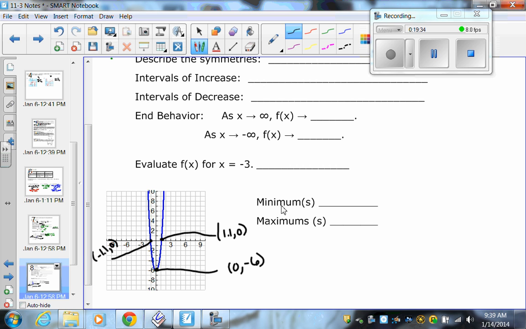So go ahead and answer our minimum question here. We could have 0, negative 6, or y equals negative 6. Maximums, there are none, so just write none.